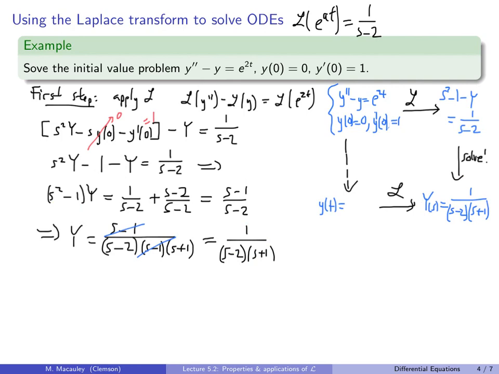So we have to break this up using partial fraction decomposition.